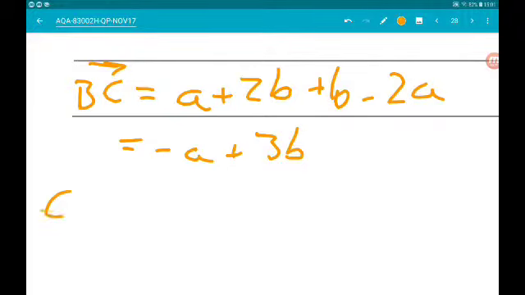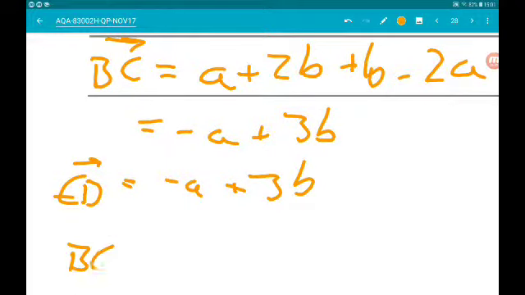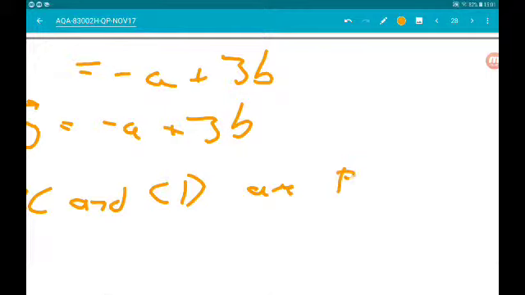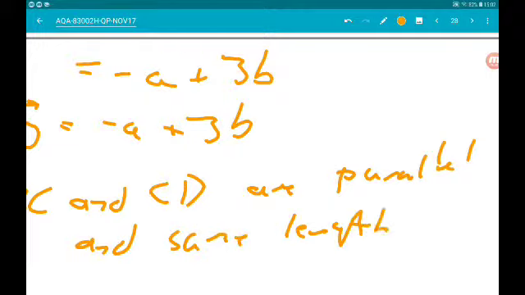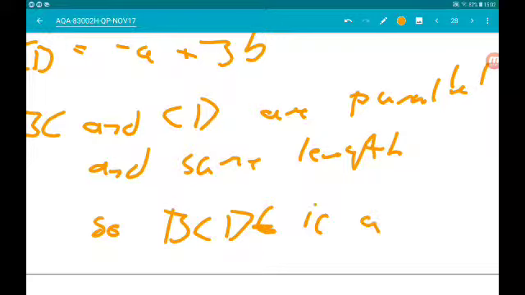So that tells us BC and CD are parallel and the same length. So we got two pairs of parallel, same length sides. So BCDE is a parallelogram.